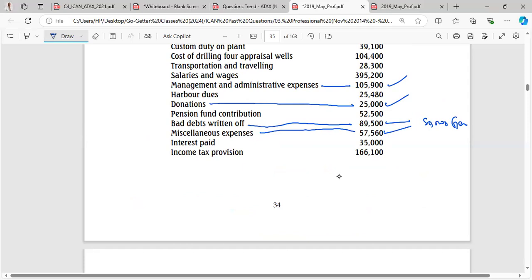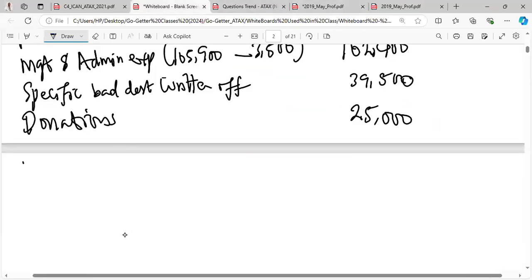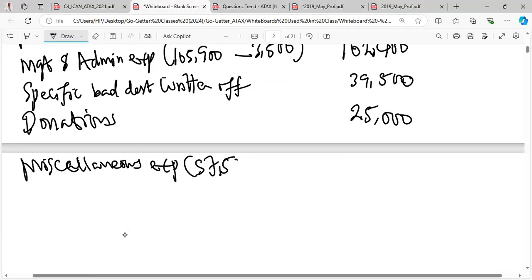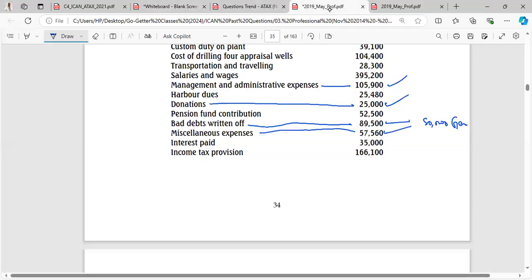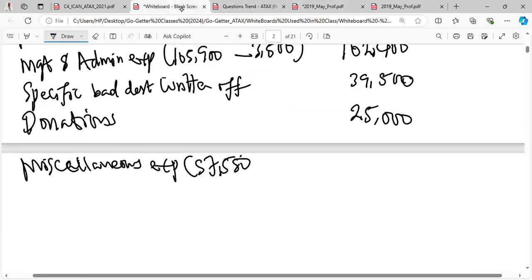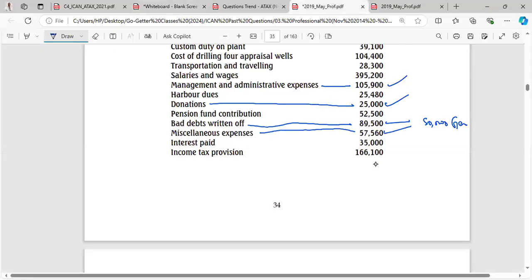So 57,560 miscellaneous expenses. 57,550, is it? 57,560. 57,560 minus 12,250.